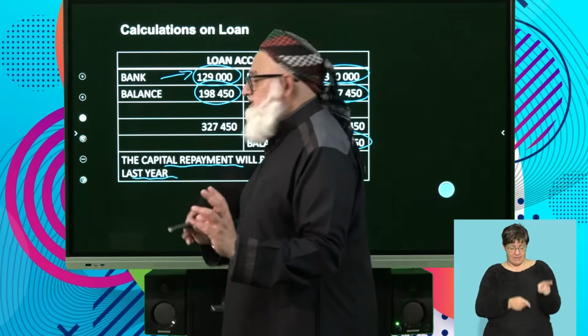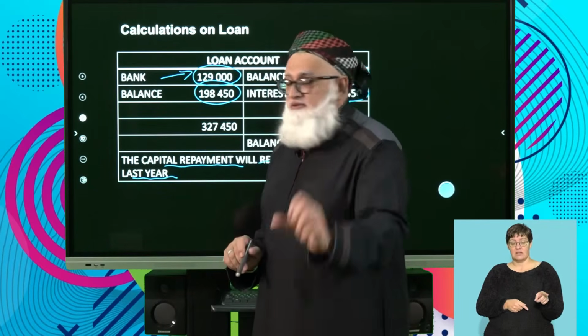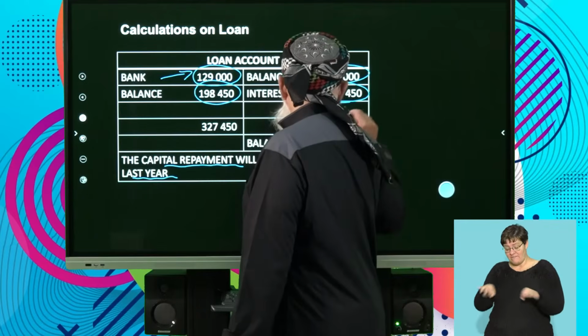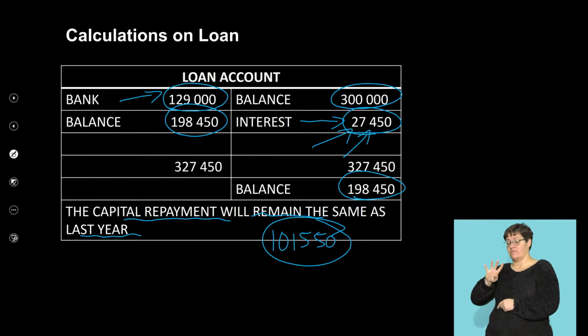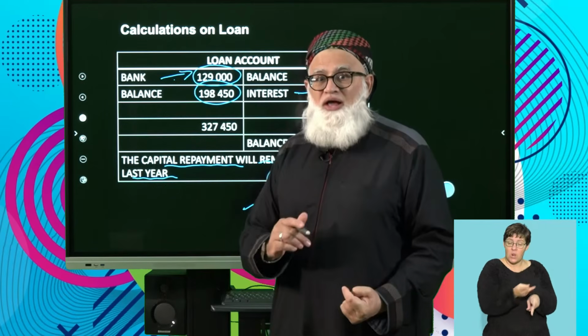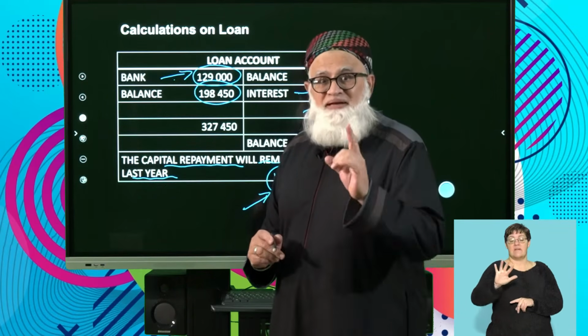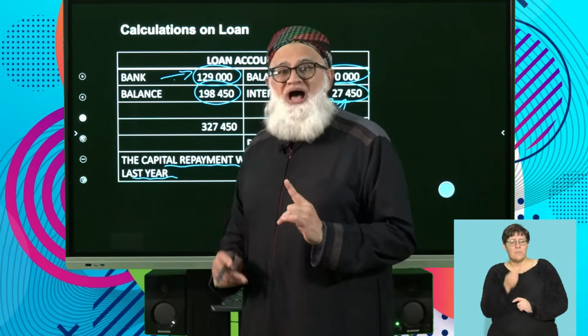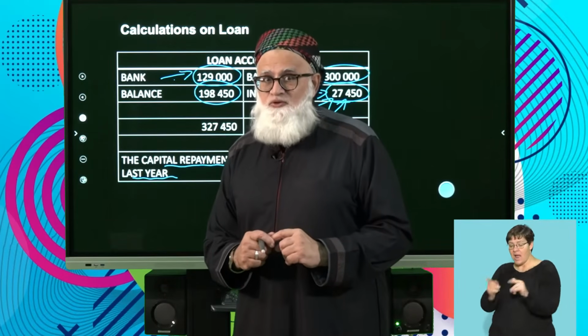Of that, you had interest to the value of 27,450. So if you subtract the interest from the bank figure, it gave you 101,550, meaning your capital repayment on the loan was 101,550.